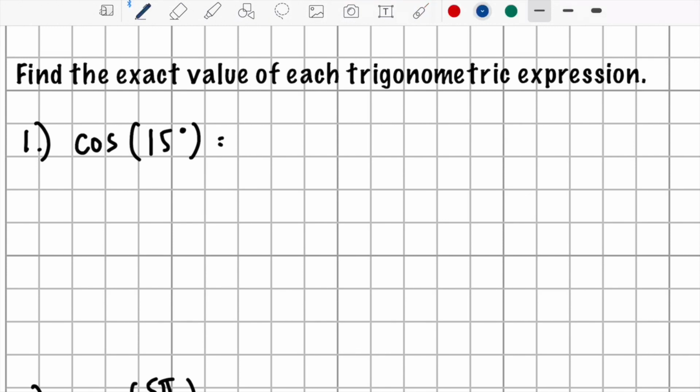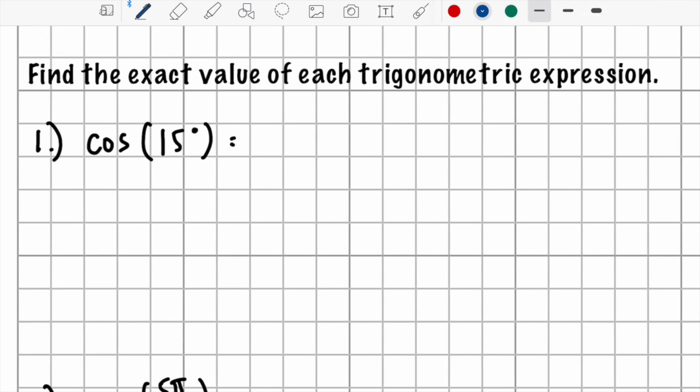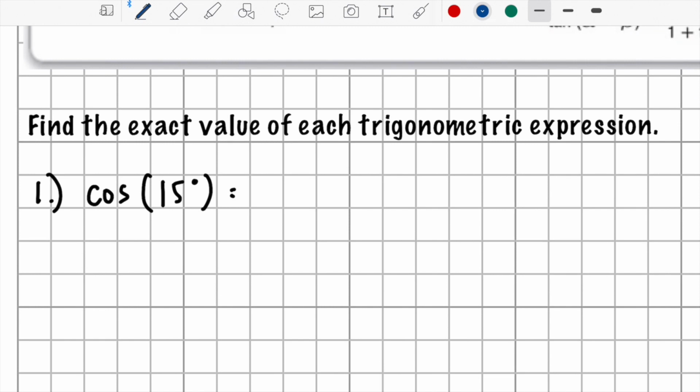The way I'm going to do it is rewrite it as the cosine of 45 degrees minus 30 degrees. So let's pretend that 45 degrees is alpha and 30 degrees is beta.